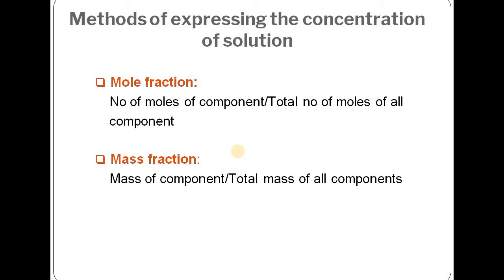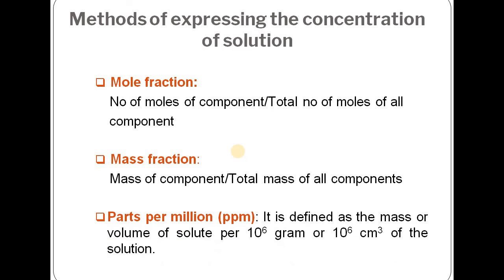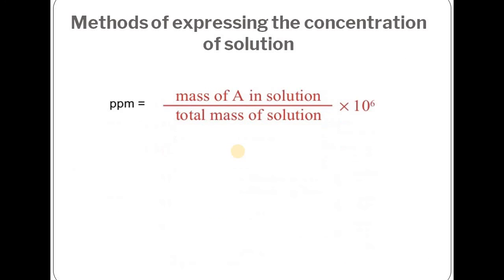Parts per million is defined as the mass or volume of solute present per 10 raised to power 6 gram or 10 raised to power 6 centimeter cube of the solution. So parts per million can be written as mass of A in solution divided by total mass of solution into 10 raised to power 6.